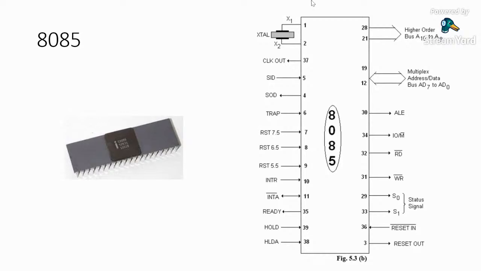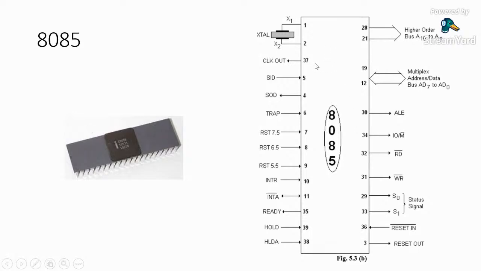Okay, and then we have a high order bus, and these two guys here are actually the data. I already mentioned it in the previous slide, but it is okay to remind you about the function of the pins of the 8085 itself.